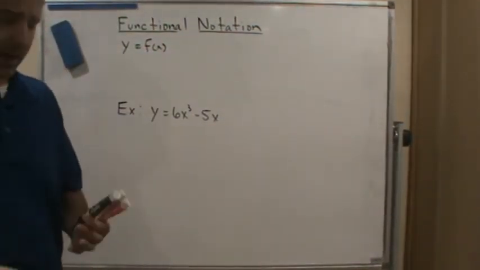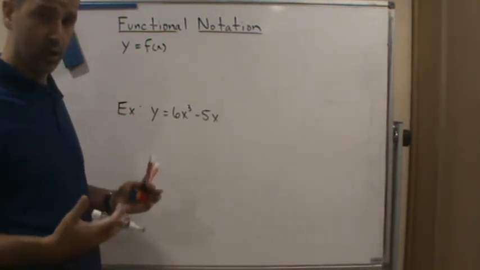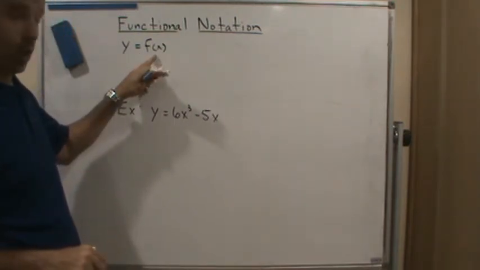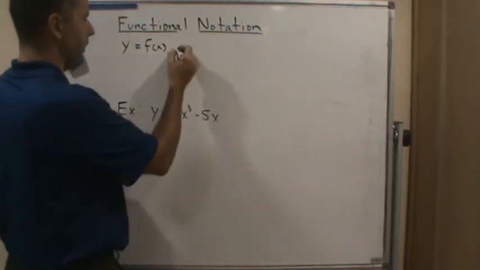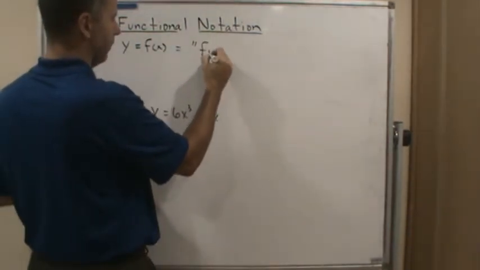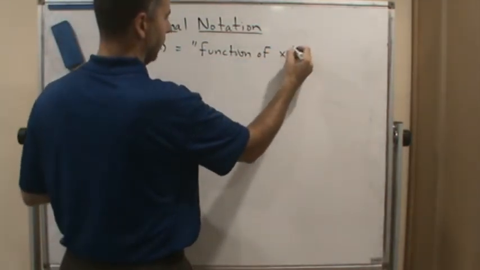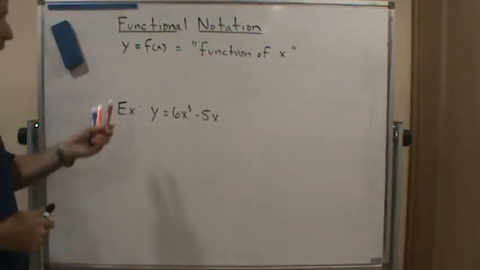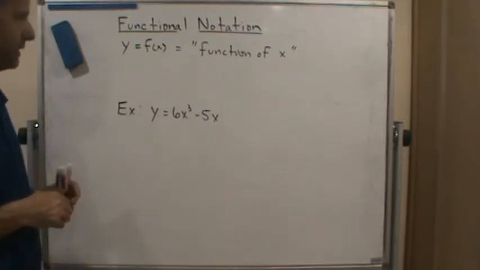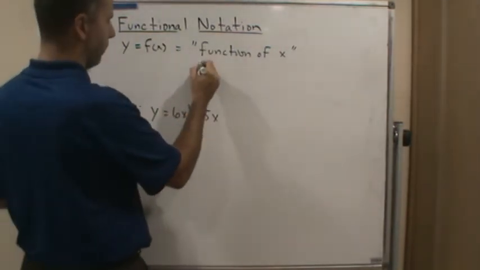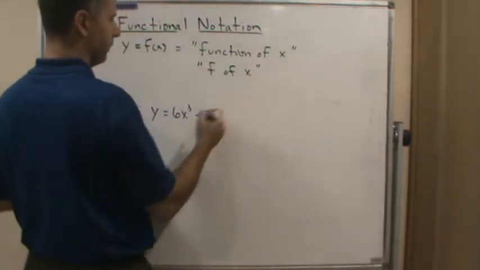When something is a function, we can use special notation to show that it is a function, and the way we show it is using this notation right here. We say y is a function of x, or the way we say that is f of x. When we pronounce this, we say f of x, okay?